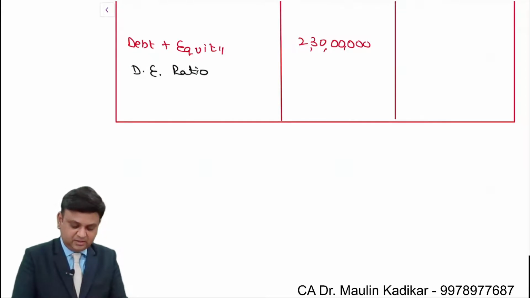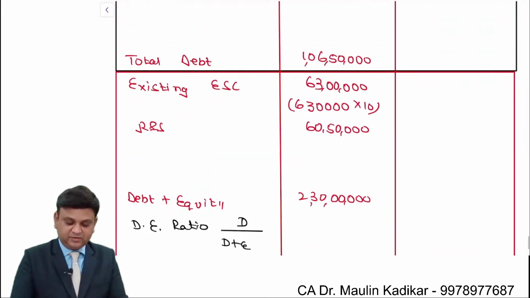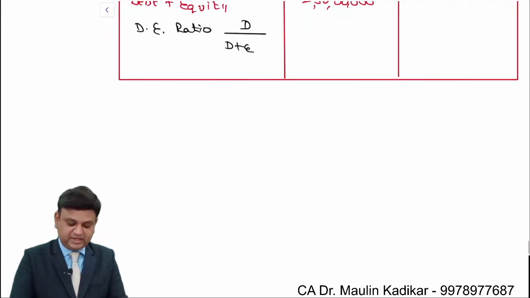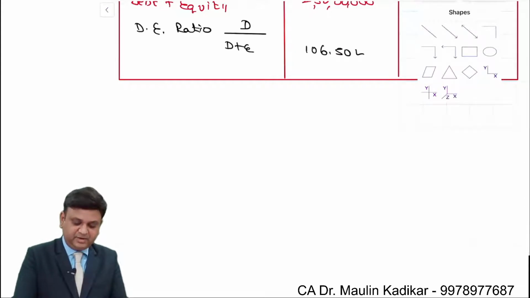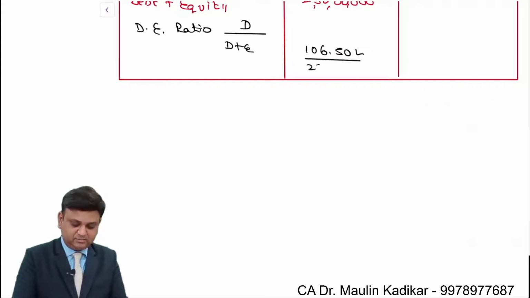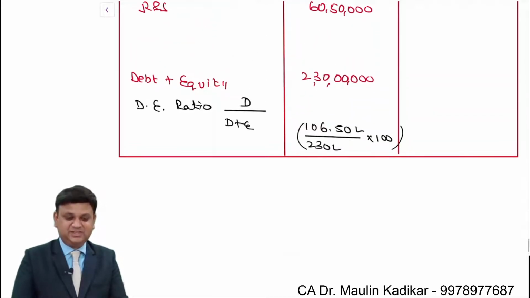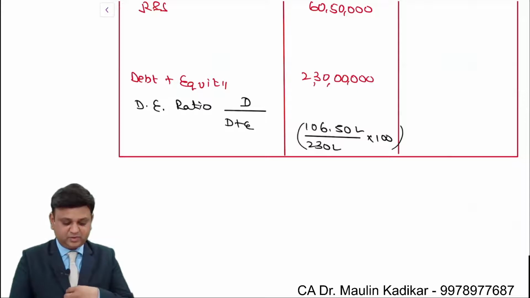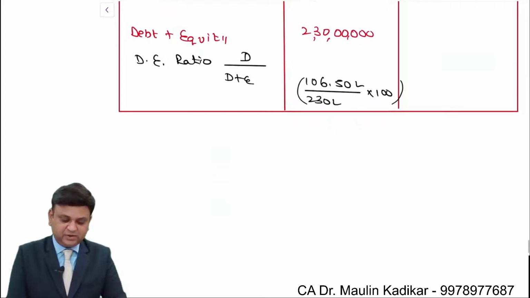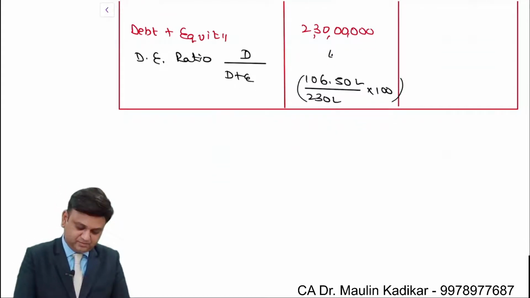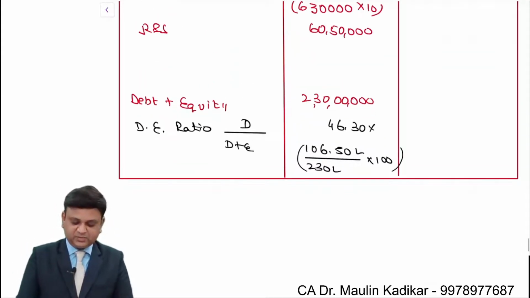How to find the answer? It is debt upon debt plus equity. The debt financing is 106.5 lakhs divided by 230 lakhs into 100 for getting the answer in percentage terms. So 106.5 divided by 230 into 100, it is 46.30%. That is what we understand.